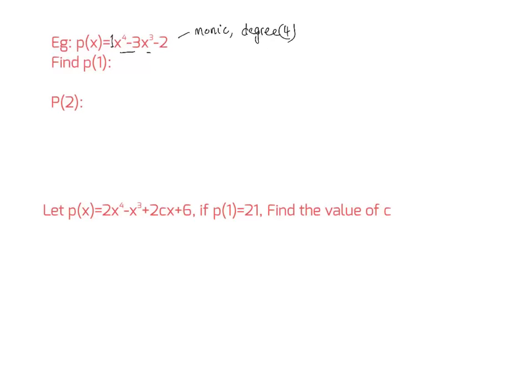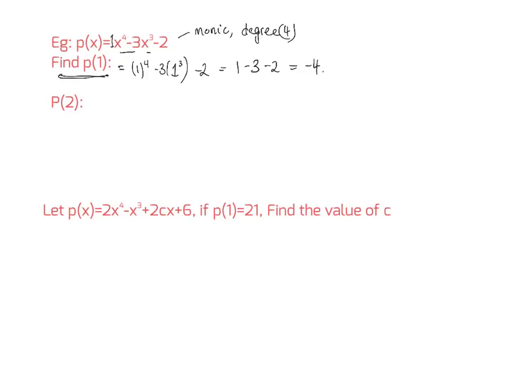If you are asked to find p of 1, all you have to do is everywhere you see an x, you put a 1. So p of 1 is 1 to the power of 4 minus 3 times 1 to the power of 3 minus 2. That ends up being 1 minus 3 minus 2, which equals negative 4.